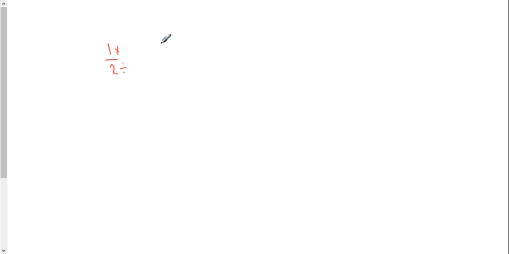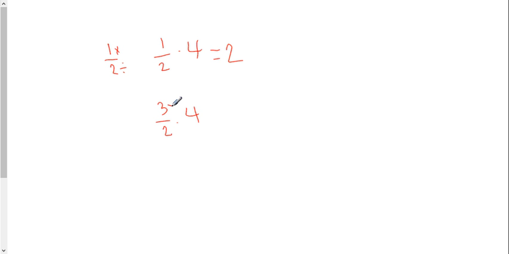So if I did 1/2 times 4, what I'm basically saying is 4 times 1 divided by 2, which is 2. So let's see it again. Let's say if I said 3 halves, what's 3 halves of 4?